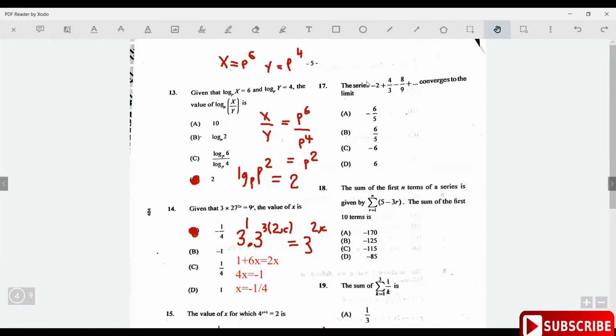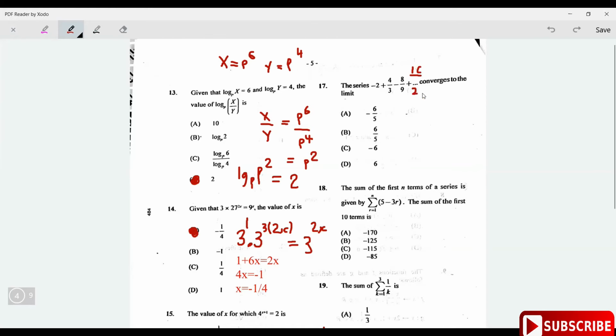Question 17 says a series minus 2 plus 4 over 3 minus 8 over 9. Plus, we know that looking at it, the next term would be 16 over 27. Now, why do I write that down? Because I don't like to find the sum of this like this.